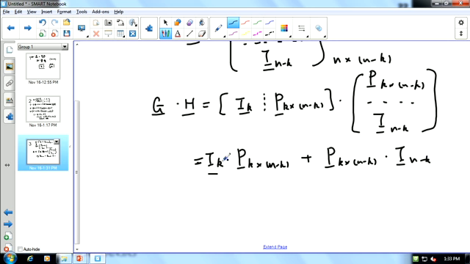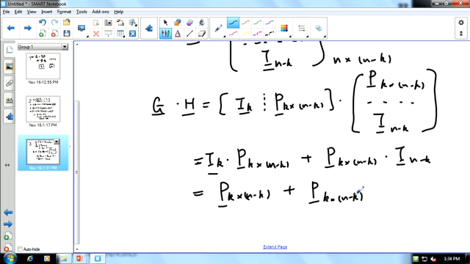So this one has k columns, this one has k rows. And this one has n minus k columns, and this one has n minus k rows. Okay? So anything multiplied by an identity matrix will be itself. So this will be P, k by n minus k, plus P, k by n minus k. So we have the summation of these 2 P matrices, and they are exactly the same.